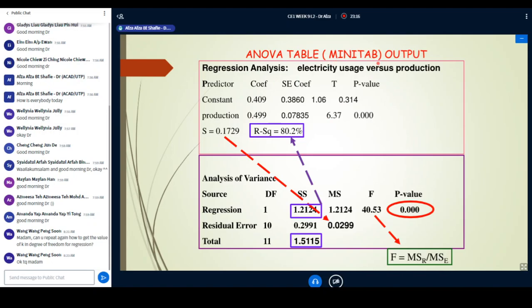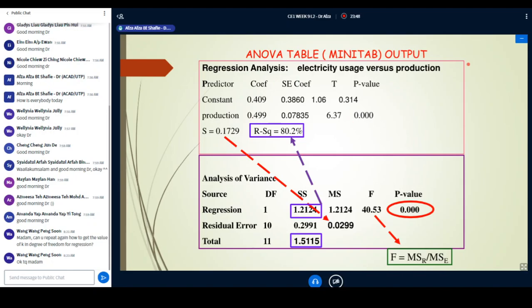Minitab is just another software that we use. Whenever we run the so-called linear regression, it will tell you what it is that you are actually running. All this information, the equation and all the 4 methods of assessment, the values are all found here. The only thing is you just need to be able to figure out what the important values are.